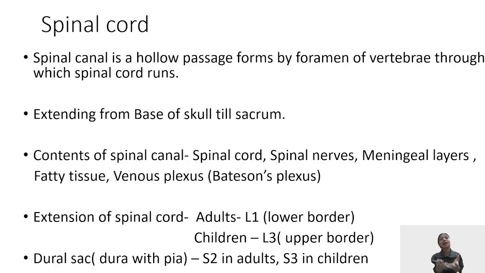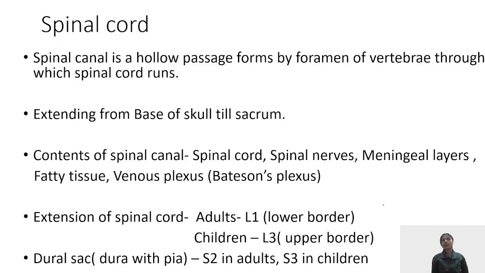Then of course we have fatty tissue, and blood supply to the spinal cord, which is the arterial blood supply, and the venous, which is known as Batson's plexus. And lastly, we have the terminal branches from the spinal cord, which are your dorsal and ventral nerve roots, which then join to form your spinal nerve roots.